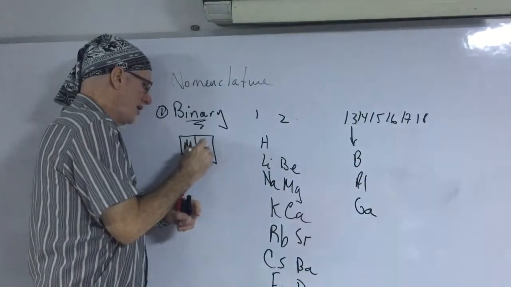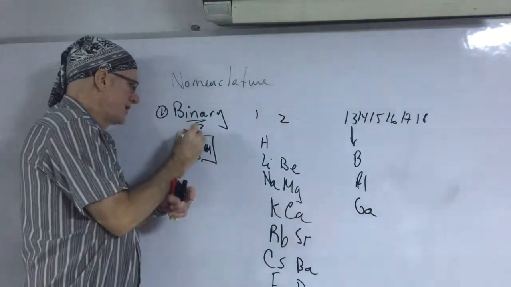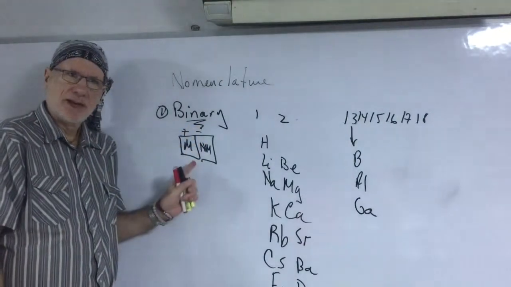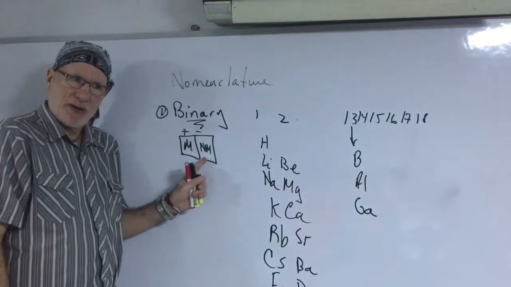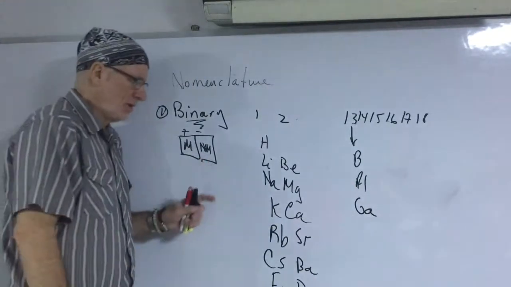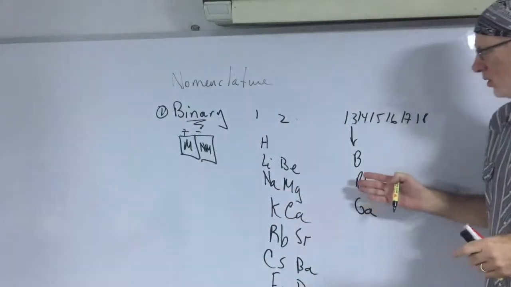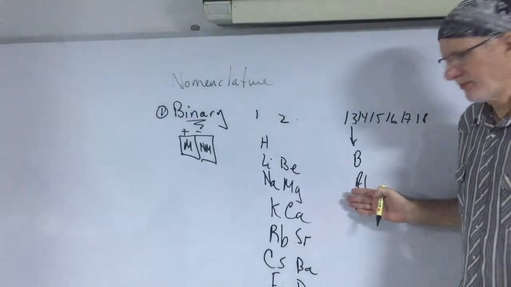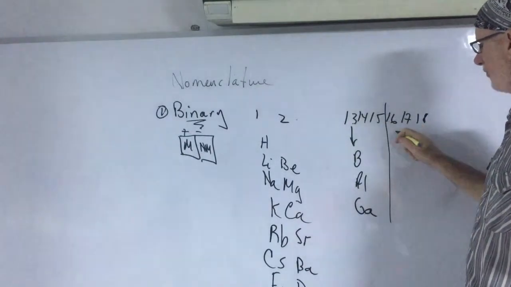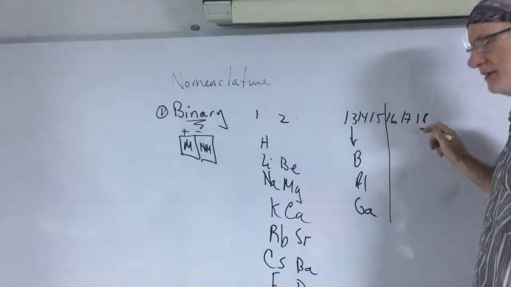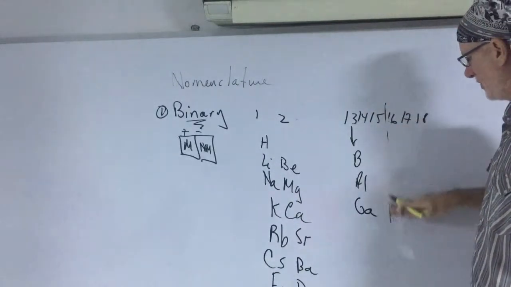This is a non-metal. This is going to be plus, and that's going to be minus. So the metal's going to be plus, and the non-metal's going to be minus. So something from groups 1, 2, or 13 is going to bond with something from 16, 17, or 18. Sorry, not 18, but actually you can say 15 too.